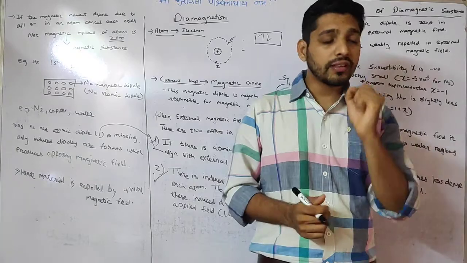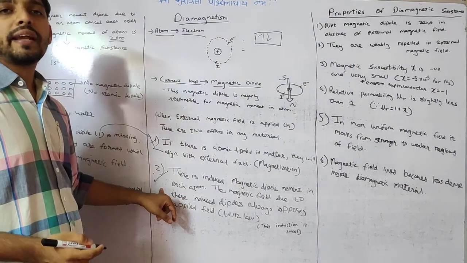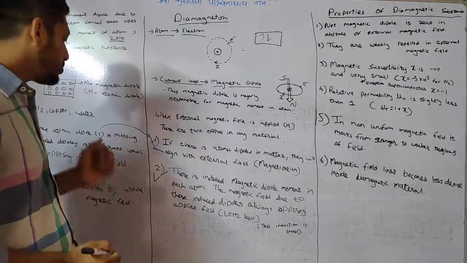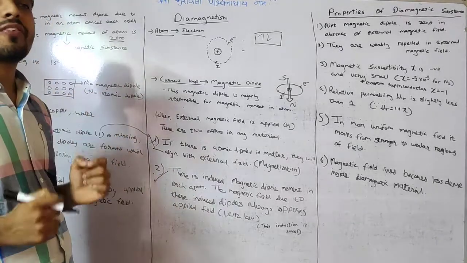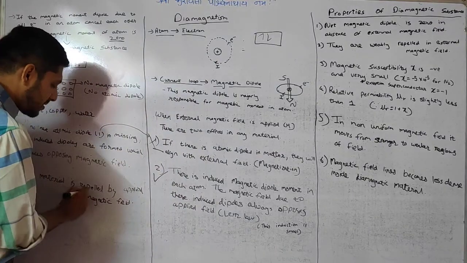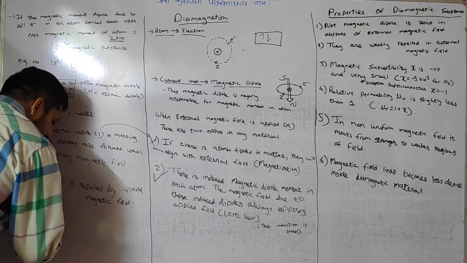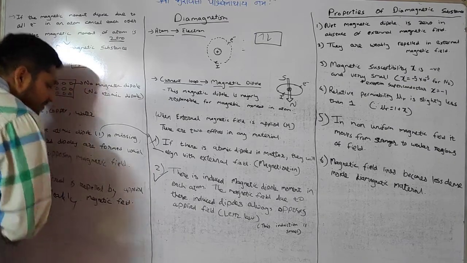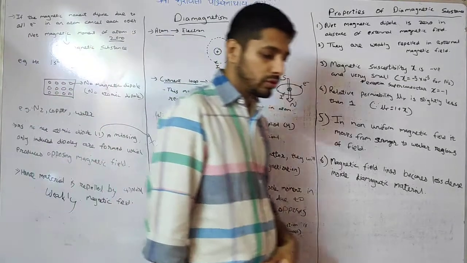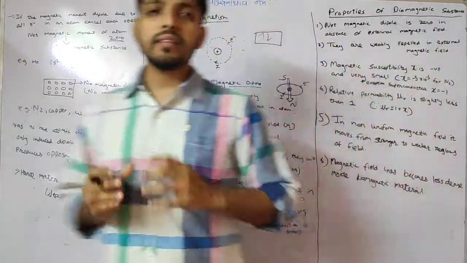But one thing is very clear, the induced magnetic dipole is very small, which means though it will be repelled, it will be very weakly repelled. Hence the material is weakly repelled by the magnetic field. So this is the origin of magnetism in diamagnetic substances.